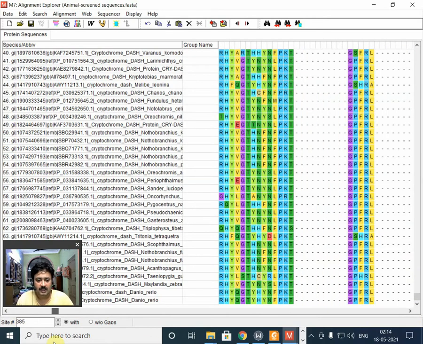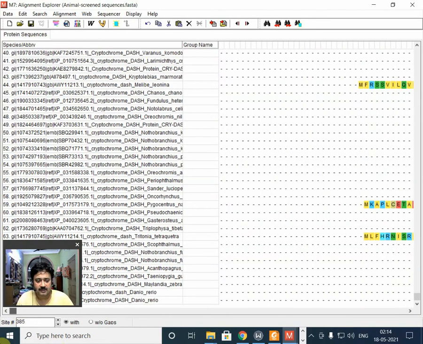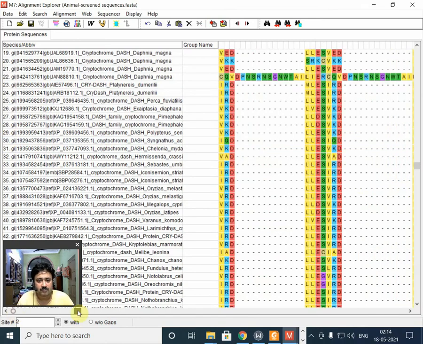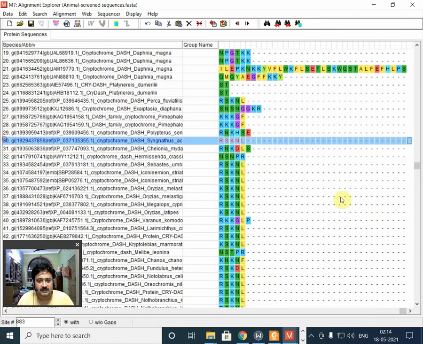See here, suppose this one is number 30. For this one, this is amino acid number 1. Now if I go to the end of this number 30, this is amino acid number 853.